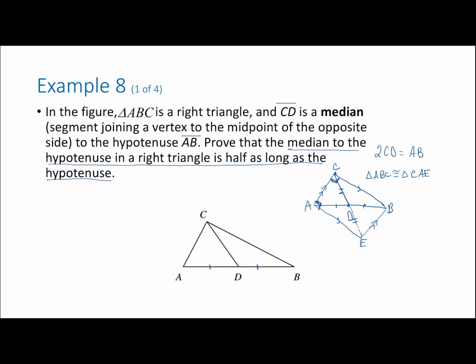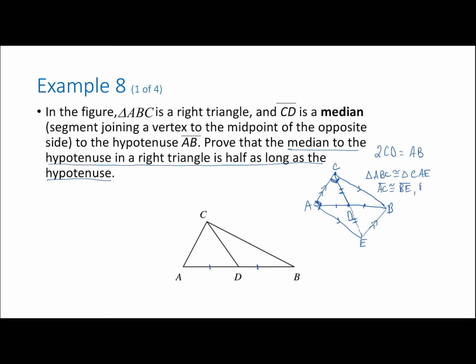So we know that triangle ABC is congruent to triangle CAE, because you can do it a number of ways. You could do side angle side. You could do angle side angle.